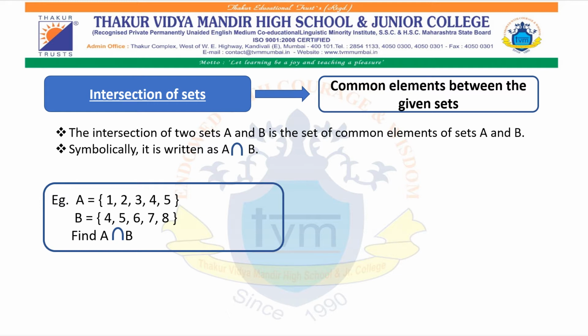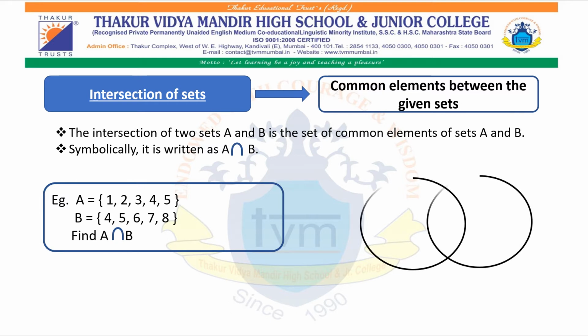If two sets have a common element, the Venn diagram will be drawn with the help of intersecting circles. One is set A and the other one is set B. Now the common elements 4 and 5 will be written in the intersecting area of both circles.